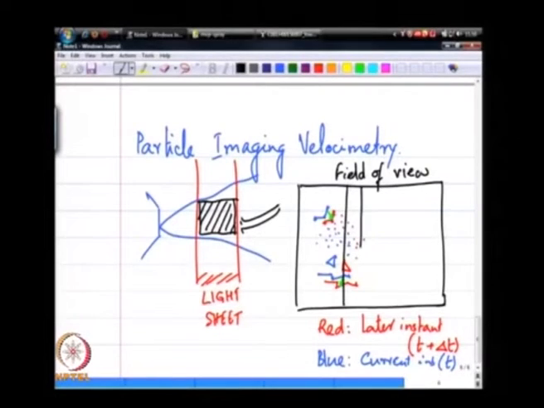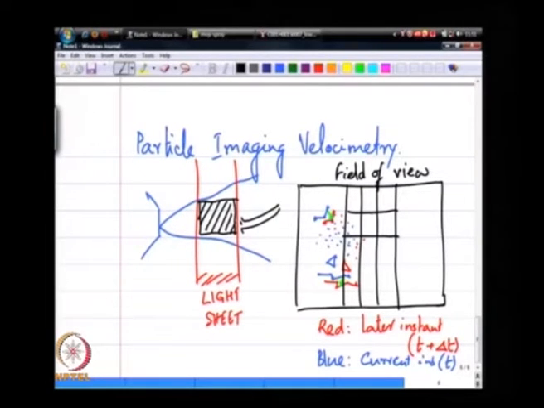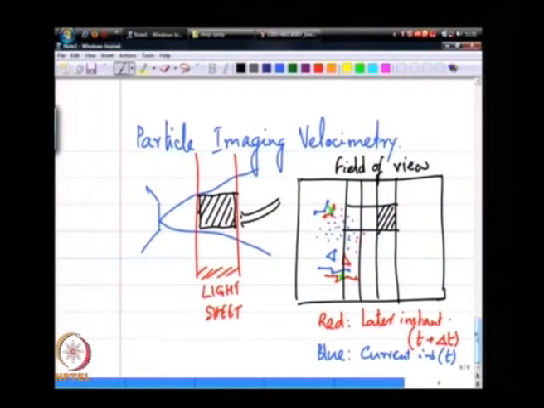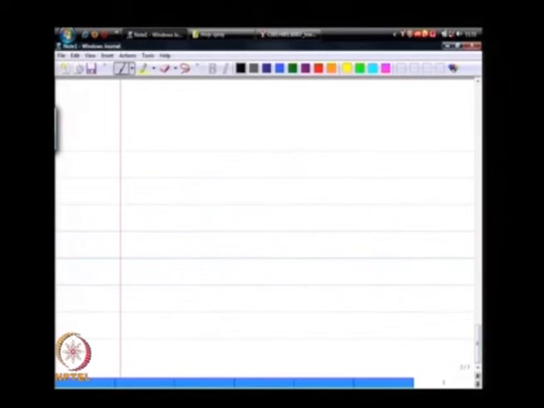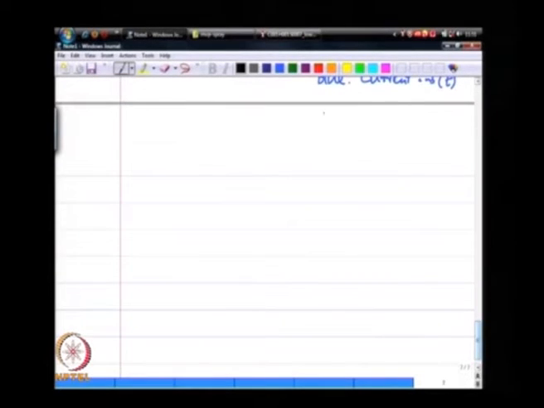Practically what is done is to first segment this image into smaller regions, okay, and we will take one segment of this field of view, we will do the same blue and red.